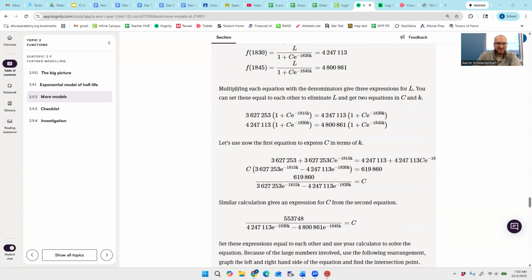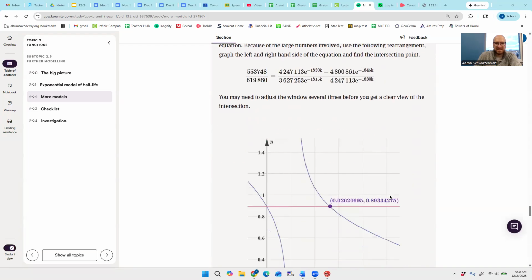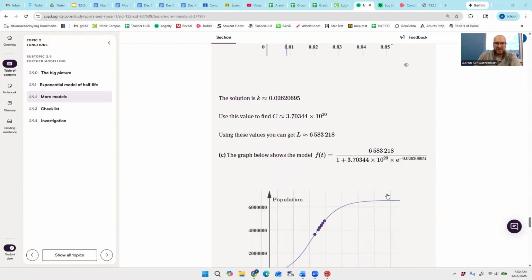That's an important exercise. We end up with this model here. So this is how it was first done when they used population models, before they had graphing technology that could consider other points and do it for us.